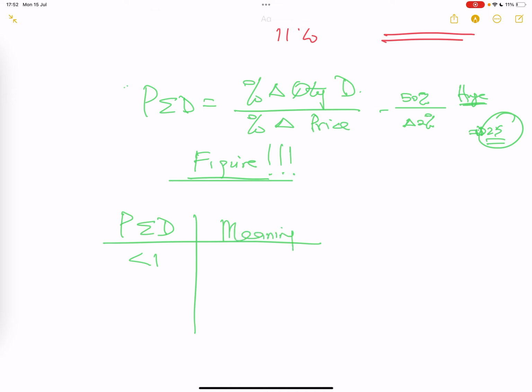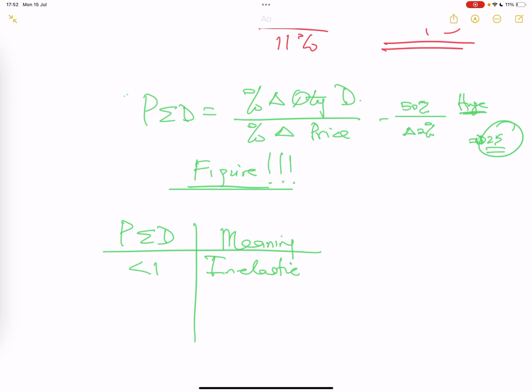It means that this is inelastic demand. Because for PED to be less than 1, take for instance, if price is changing by 2%, the quantity must be changing by less than 2%, maybe 1%. That is when this answer will be less than 1.